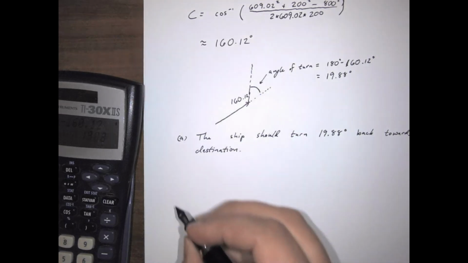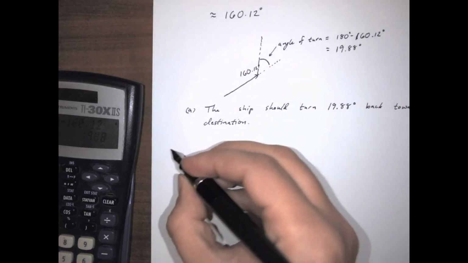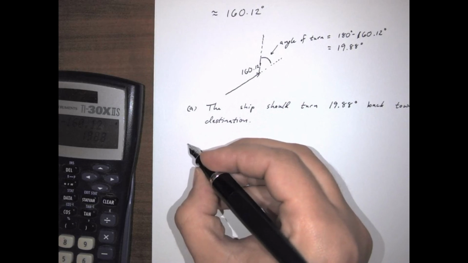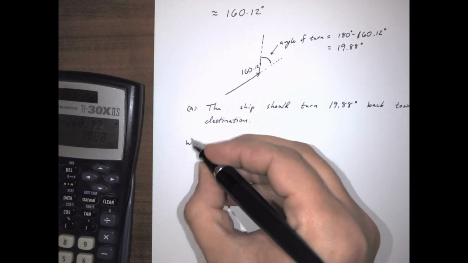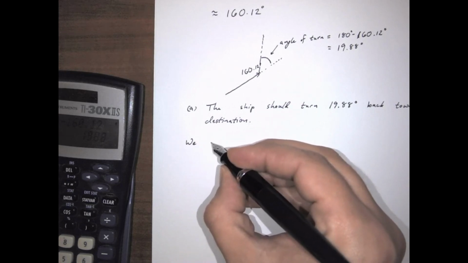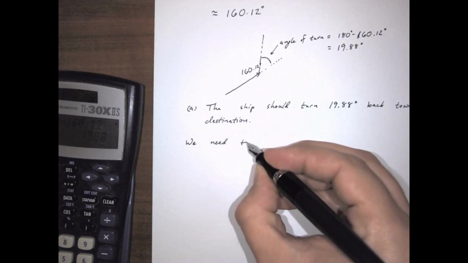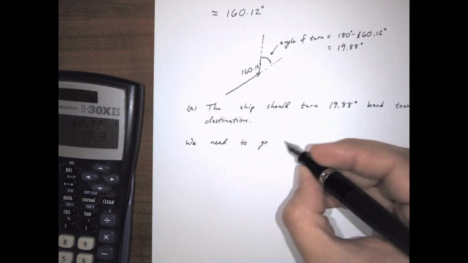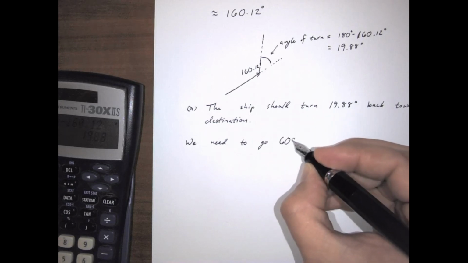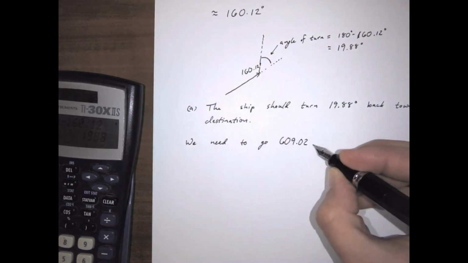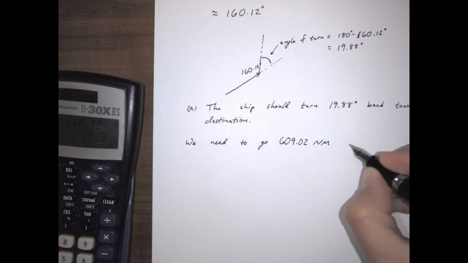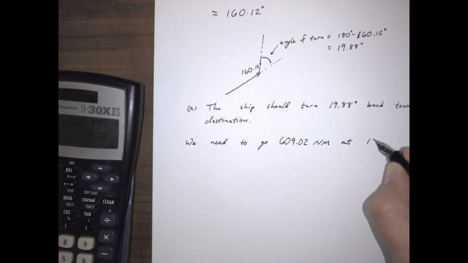And for part B, we have a distance that we know we need to travel. So we need to go 609.02 nautical miles at 20 knots.